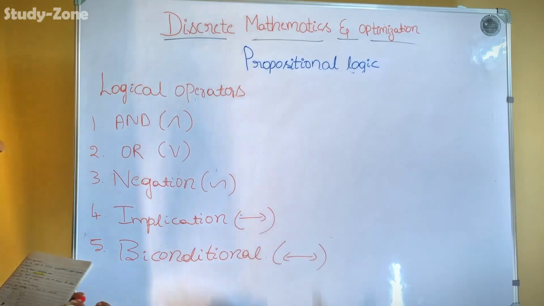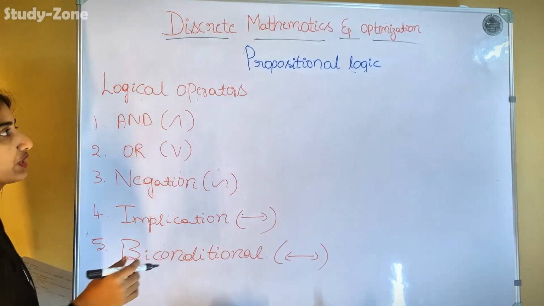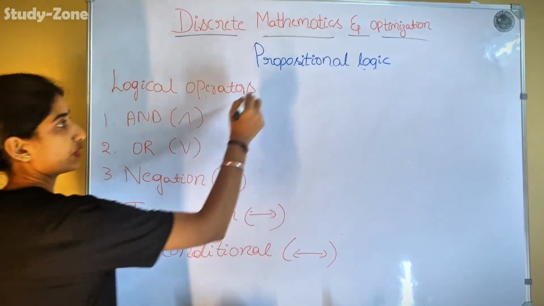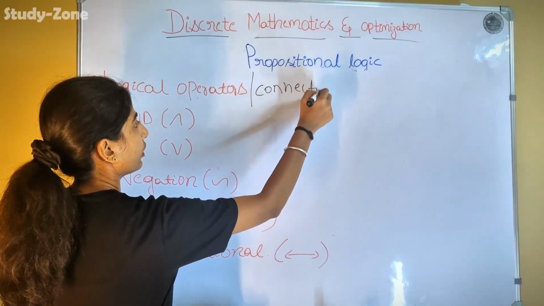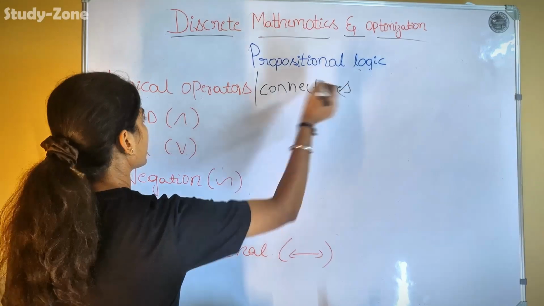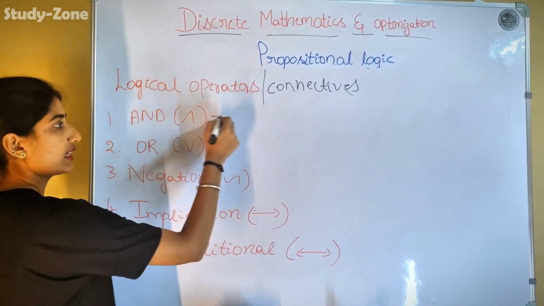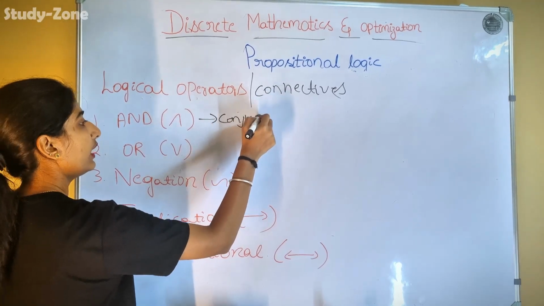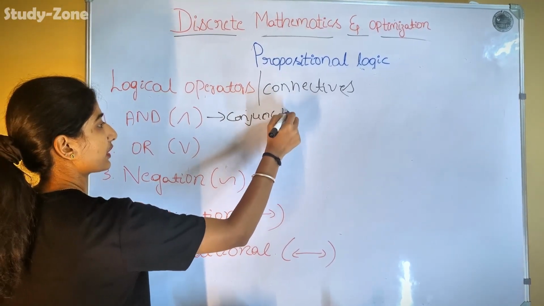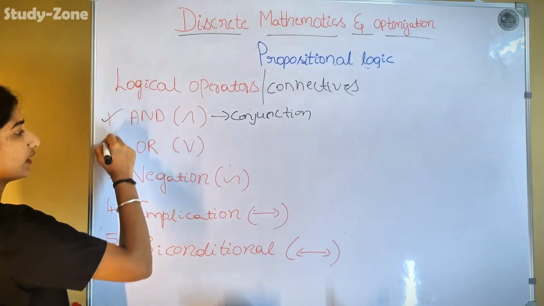These are all the logical operators, that is, logical connectives in propositional logic. So first one is AND. AND means conjunction. Please remember this because many people get confused in the case of AND and OR.